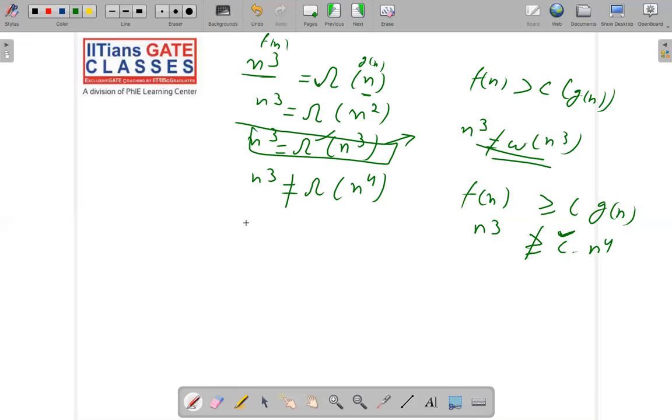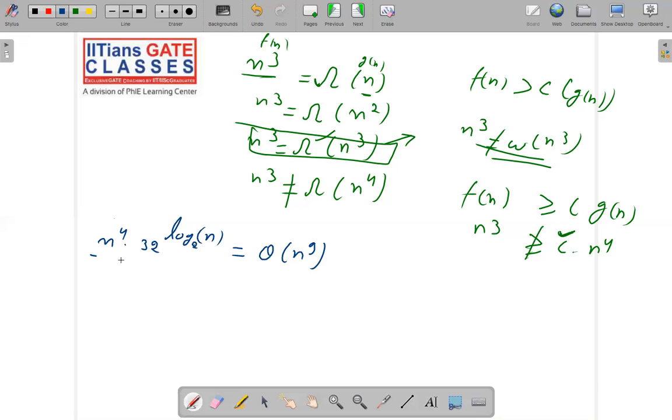Now let's take some examples here. We have something like n raised to power 4 multiplied by 32 raised to log base 2 of n equal to theta of n raised to power 9.